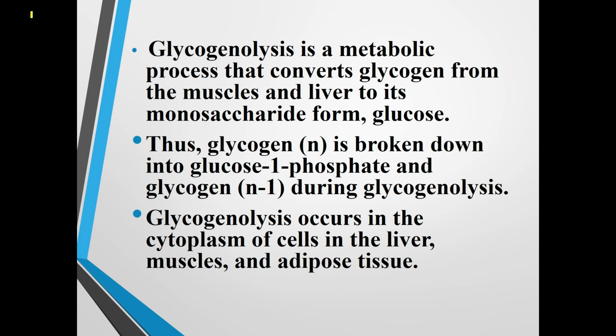So glycogenolysis is a metabolic process that converts glycogen from muscles and liver to its monosaccharide form, glucose. The glycogen is broken down into glucose 1-phosphate during glycogenolysis. It occurs in the cytoplasm of cells in the liver, muscles and adipose tissue.